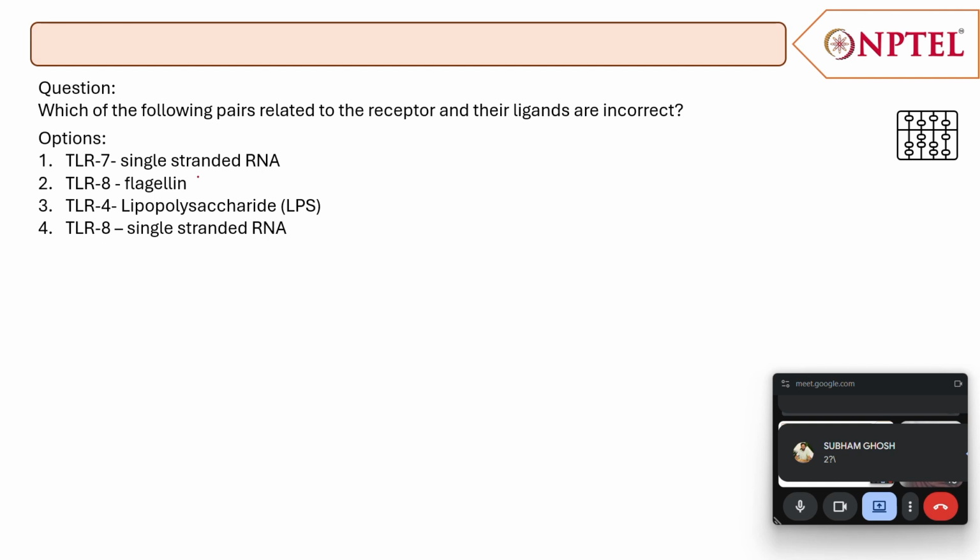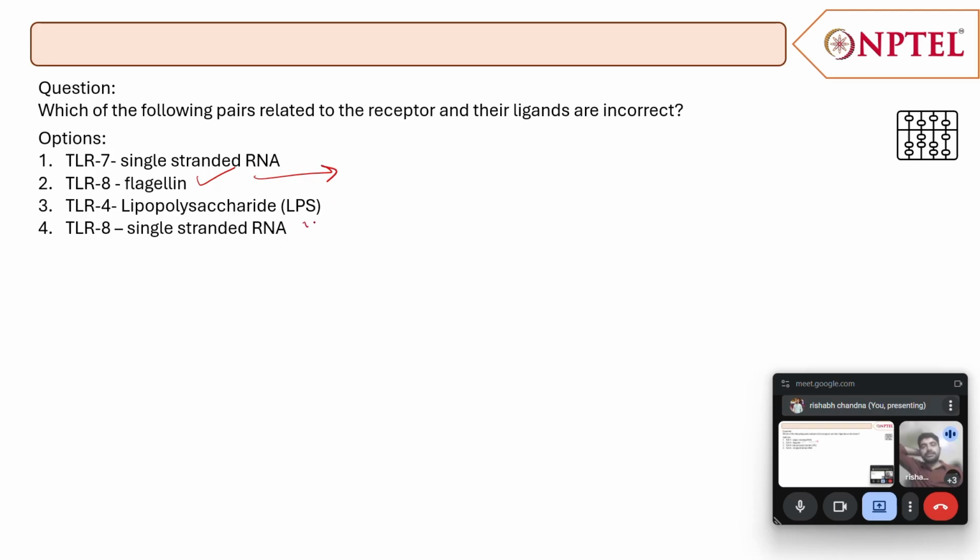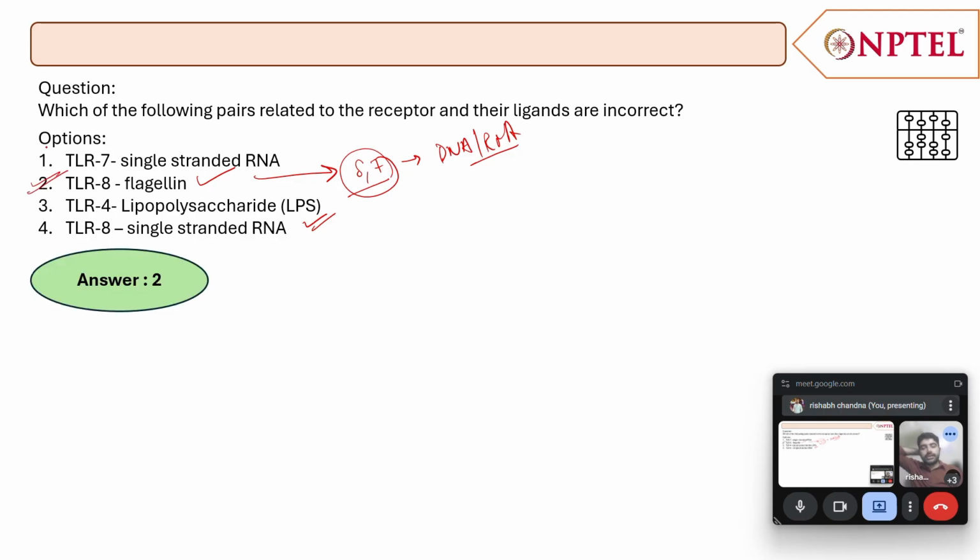Yes, the correct answer is TLR8. It recognizes single stranded RNA. Okay, so TLR8 and 7 both recognize the DNA or the RNA. That means nucleic acid. Okay, so they do not recognize proteins. So option 2 is incorrect.